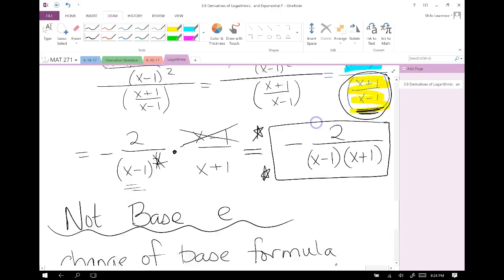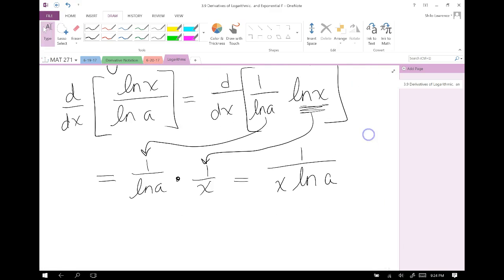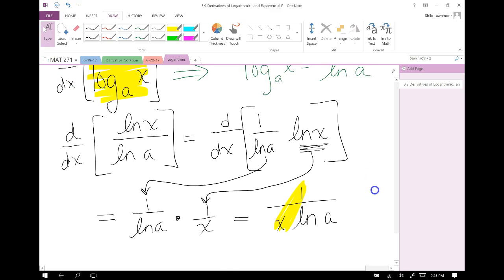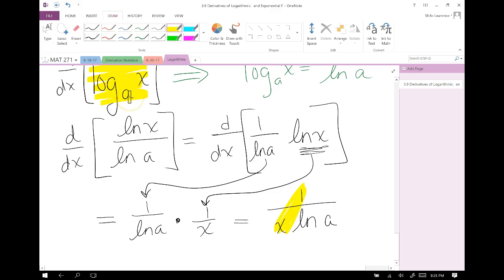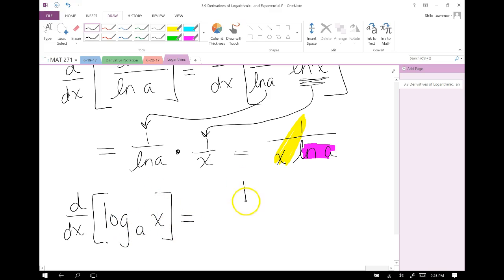The derivative for a log with another base is still going to be 1 over x, but then we're also going to put natural log of the base into our denominator. That's the only difference. So if we write this out a little bit more compactly, the derivative for log base a of x is 1 over x ln of a.